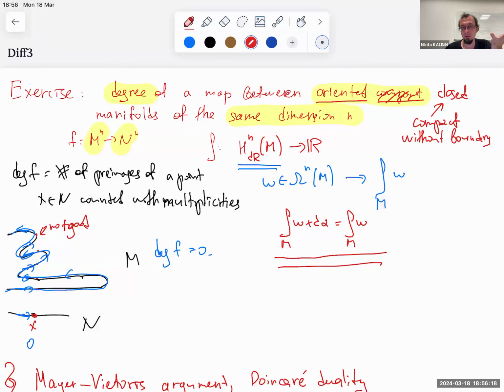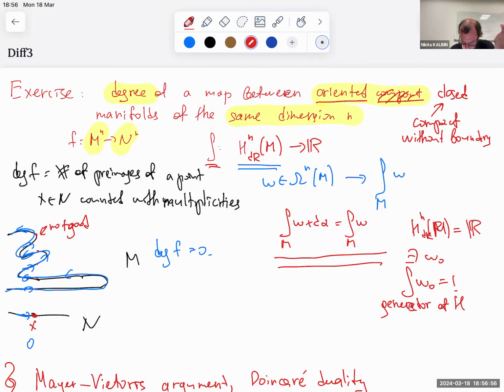And so it means that you have this integration function defined on the cohomology classes. Later we will prove that actually this nth cohomology of M is just R. So it means that there is a special form with integral 1, right? There is a certain form omega 0 such that the integral of omega 0 is 1. That will be a generator of this.